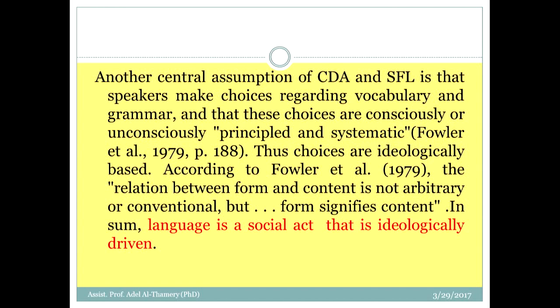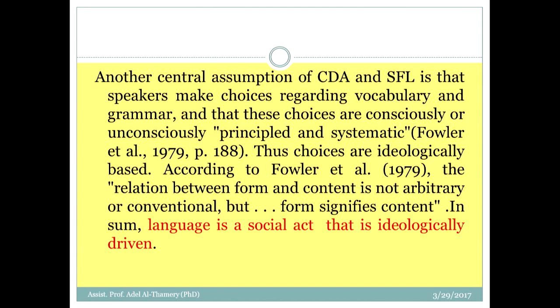Another central assumption of CDA and systemic functional linguistics is that speakers make choices regarding vocabulary and grammar. And the idea of choice is very important here, whether this choice is consciously or unconsciously principled and systematic.